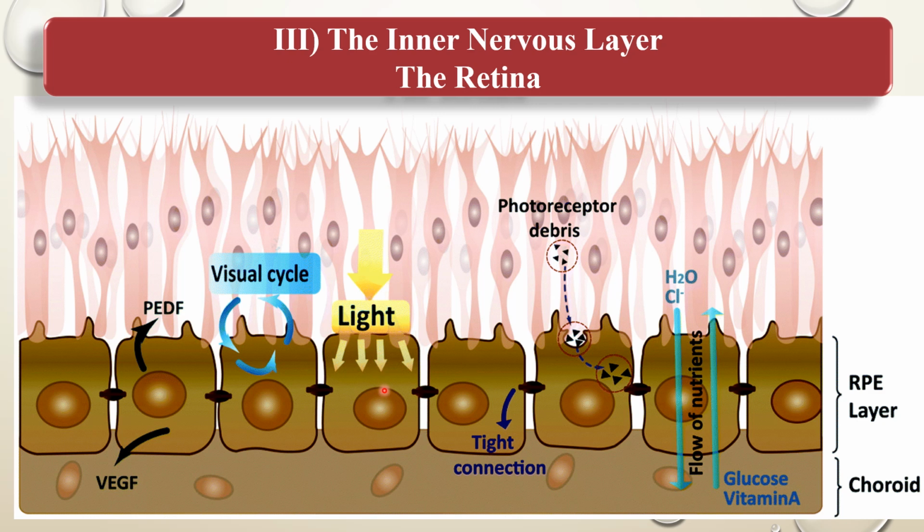The melanin granules absorb the excess light to prevent light reflection, after photoreceptor stimulation.